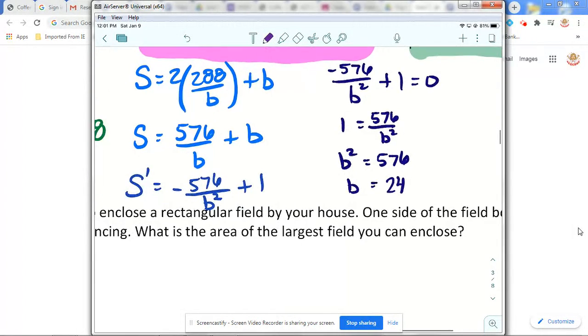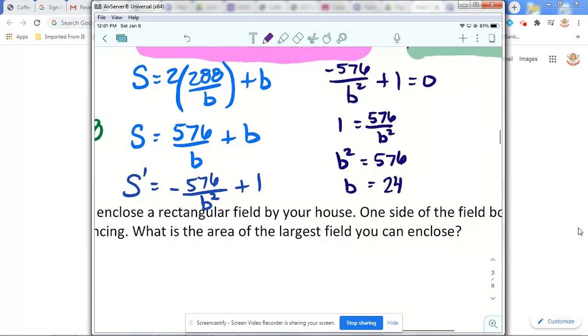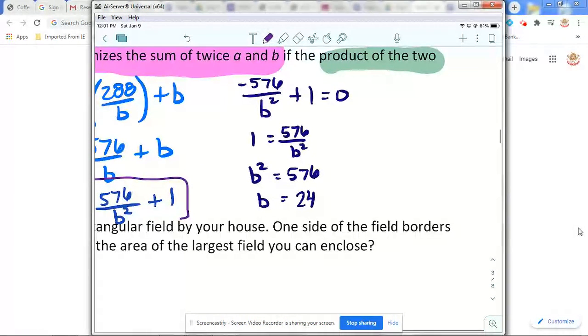So I'm going to do the second derivative test. So I'm going to go and find the derivative of this one. This is a little different because it is a number in the numerator, but the denominator has a power. So this time we multiply by that power. And we do change the sign.